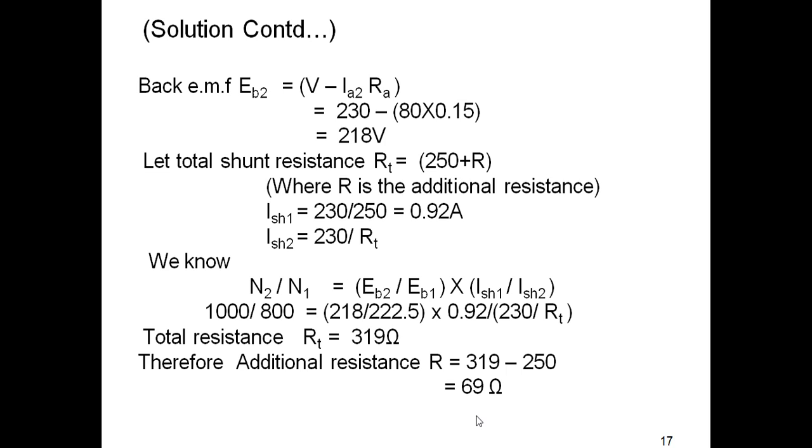Means this is the additional resistance which we have inserted in the circuit to get the speed N2.